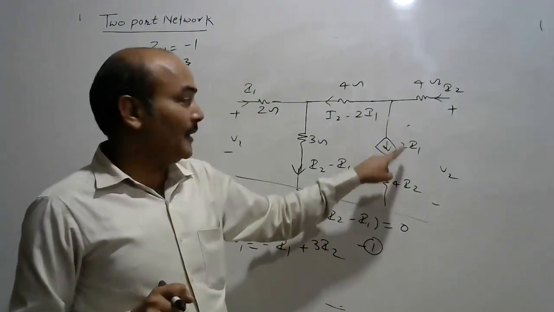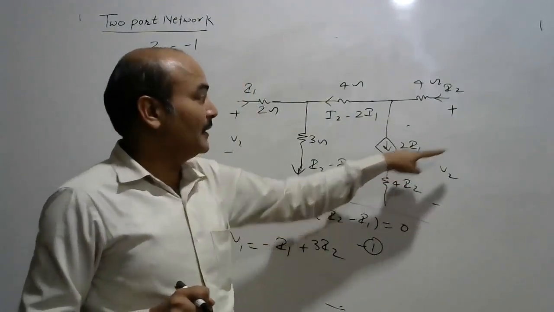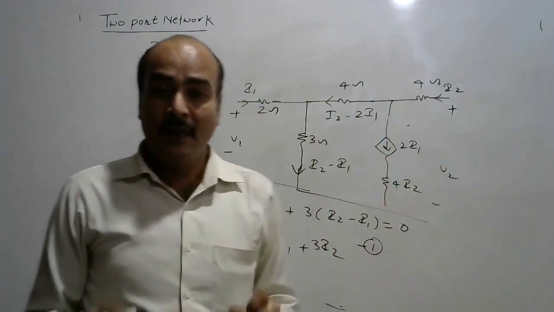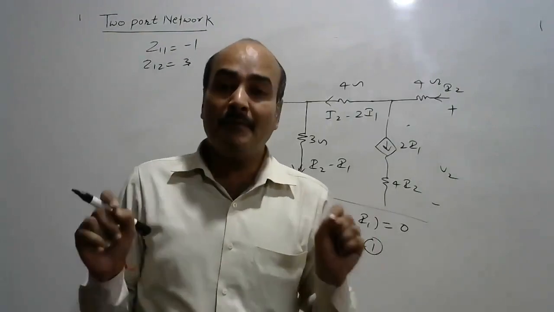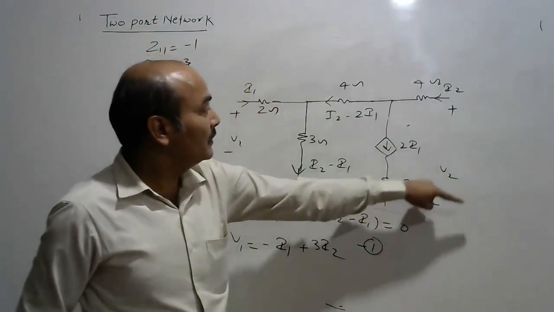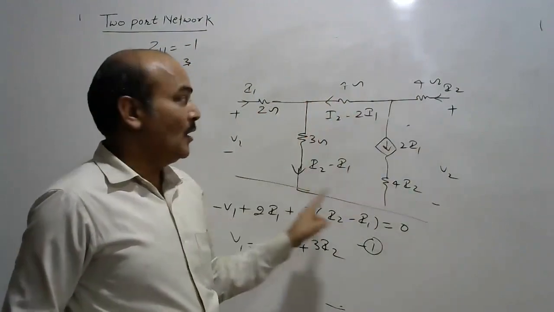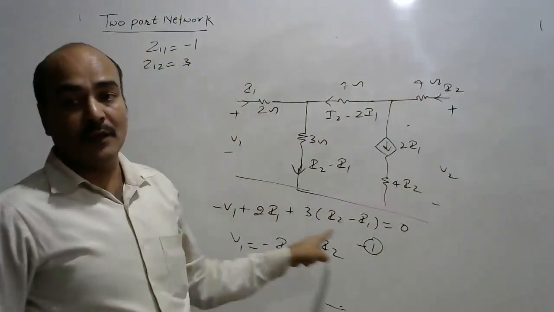Either you increase the variable, assume a voltage here, then you can apply the KVL. But our main purpose is to solve the problem with minimum effort. So you can apply the KVL in this branch, in this loop, or in the total outer loop.